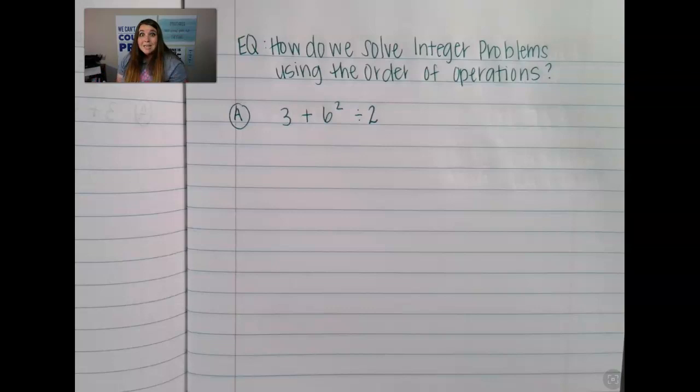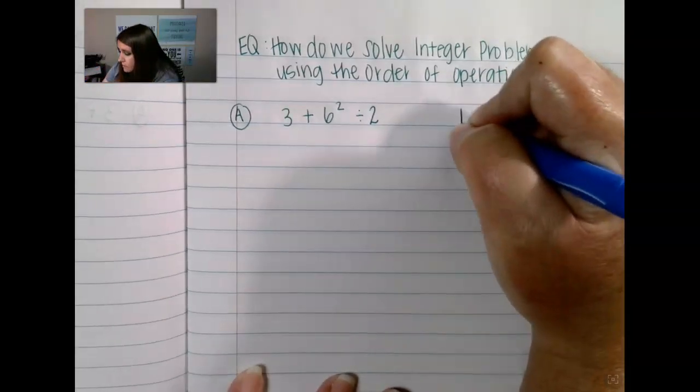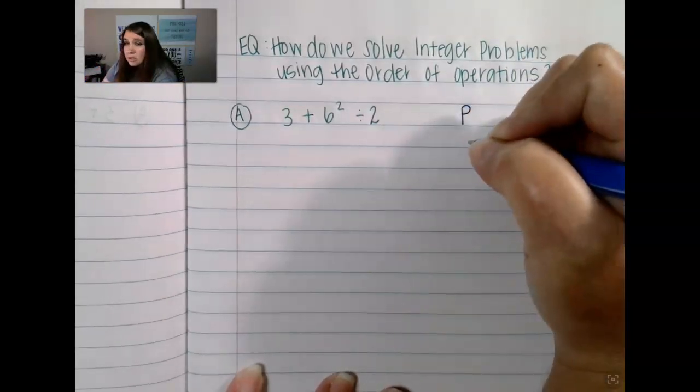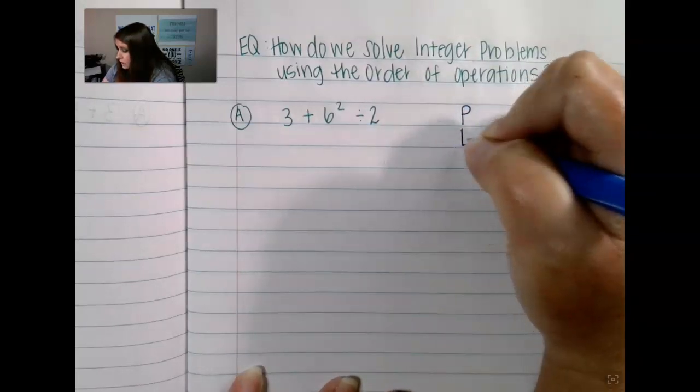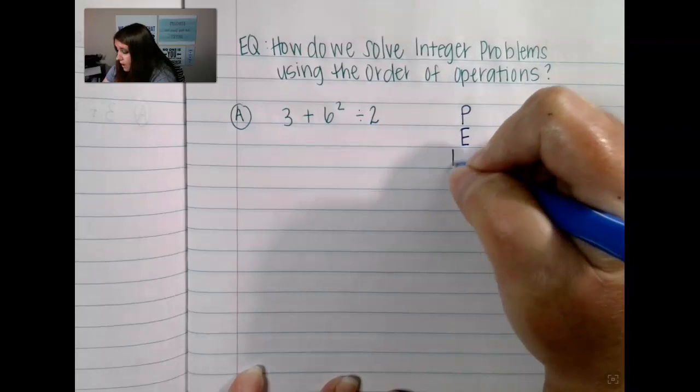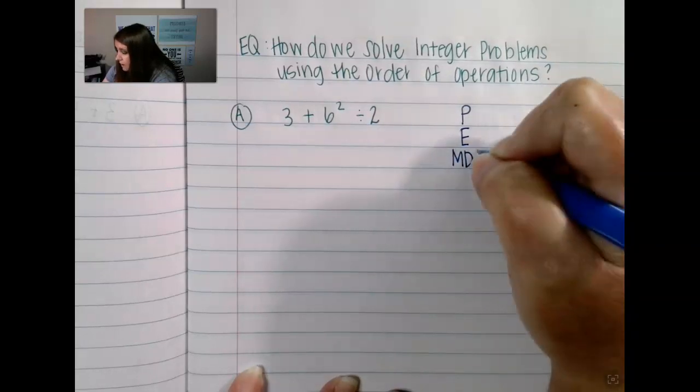In math, it doesn't make any sense, and it forces you to do the problem out of order, and I will show you what I mean. So instead, we're going to use PEMDAS. You can also use GEMS if you prefer GEMS, or the other ones that they have out there. I prefer PEMDAS.